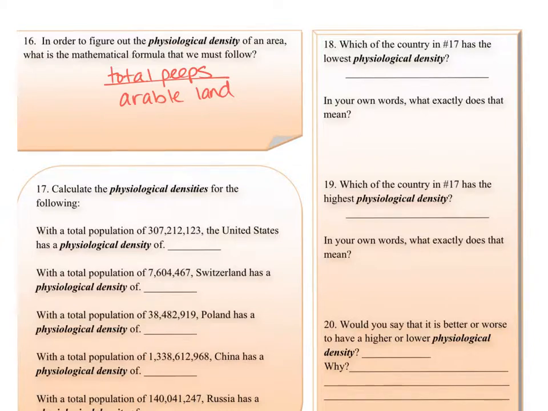Now I want you to use the current population, which I gave you on the other side. For the U.S., remember that was 323,995,528. We know the arable land now because we just figured that out for each country. So let's type in 323,995,528, and then we divide by what?